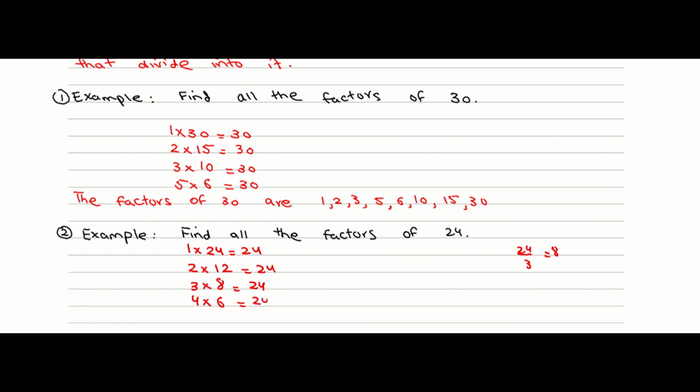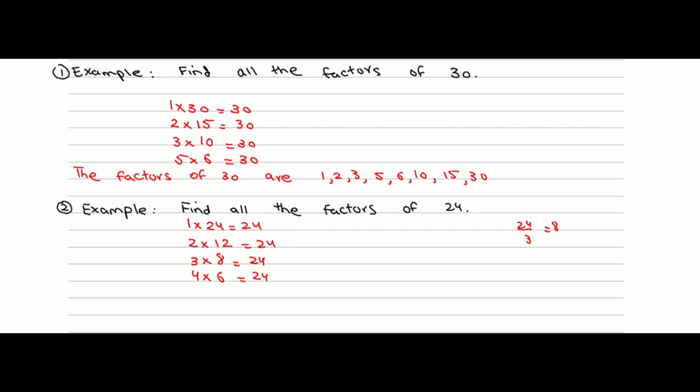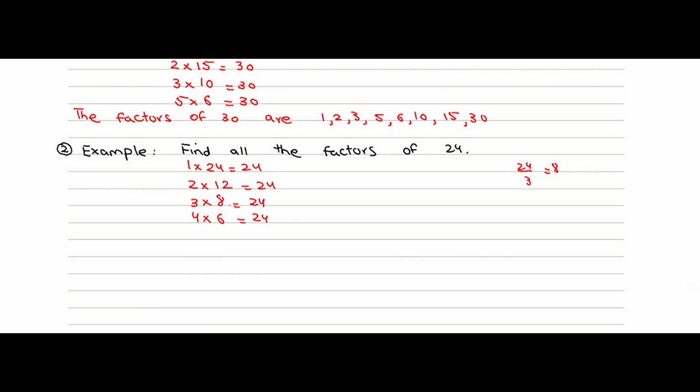In 5 you don't have 24, and in the table of 6 you have 24, that is 6 times 4, which is already written, so it's fine if you don't write it. Next we will write all the factors.